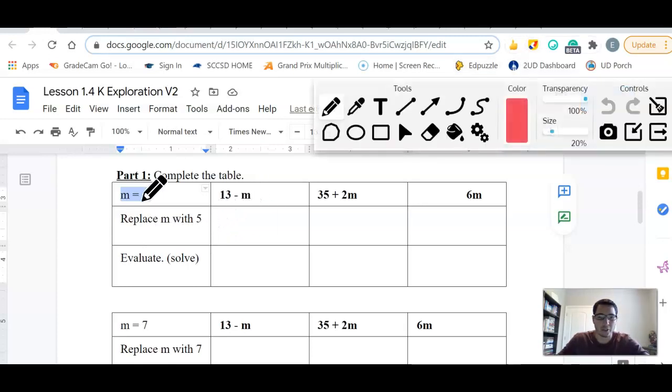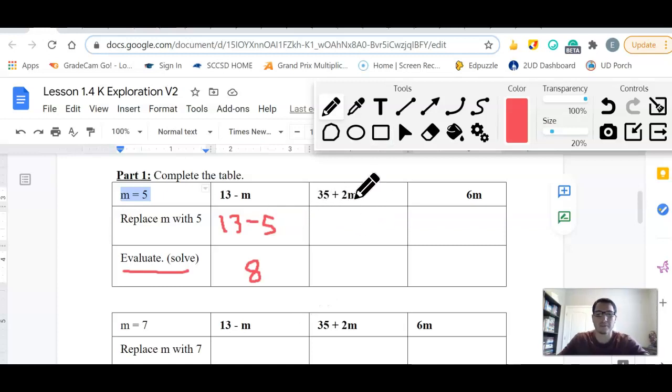So we're going to substitute 5 in for m. So we're going to have 13 minus 5. Let's evaluate or solve. 13 minus 5 gives us 8. And you've just solved an algebraic expression.